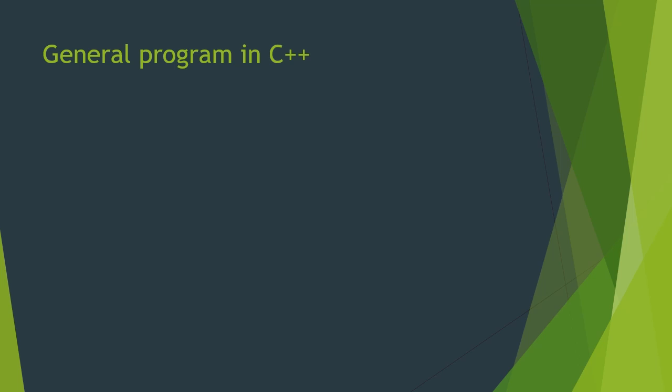The general program in C++, how it's built up and stuff like that. It contains a main function. It may include includes of strings and stuff like that at the top, but then there's a main function.